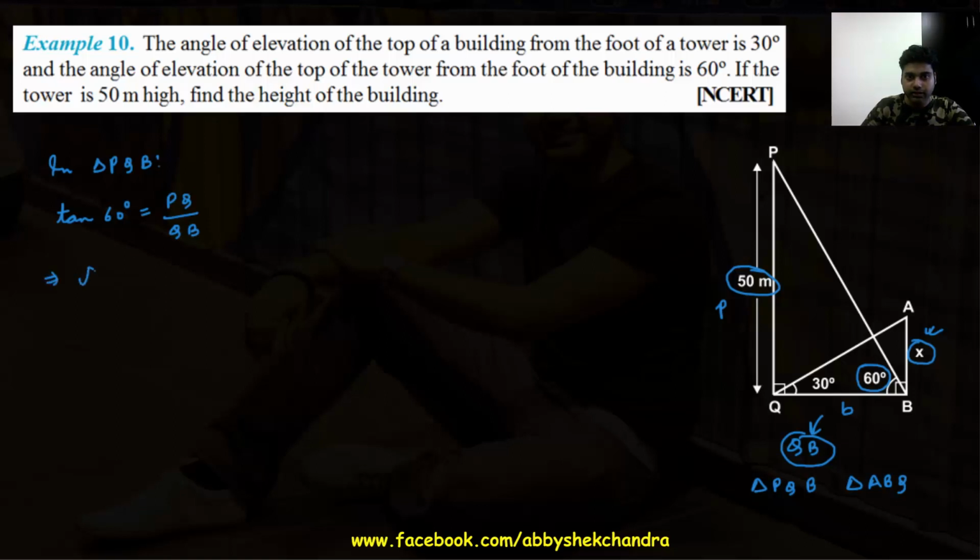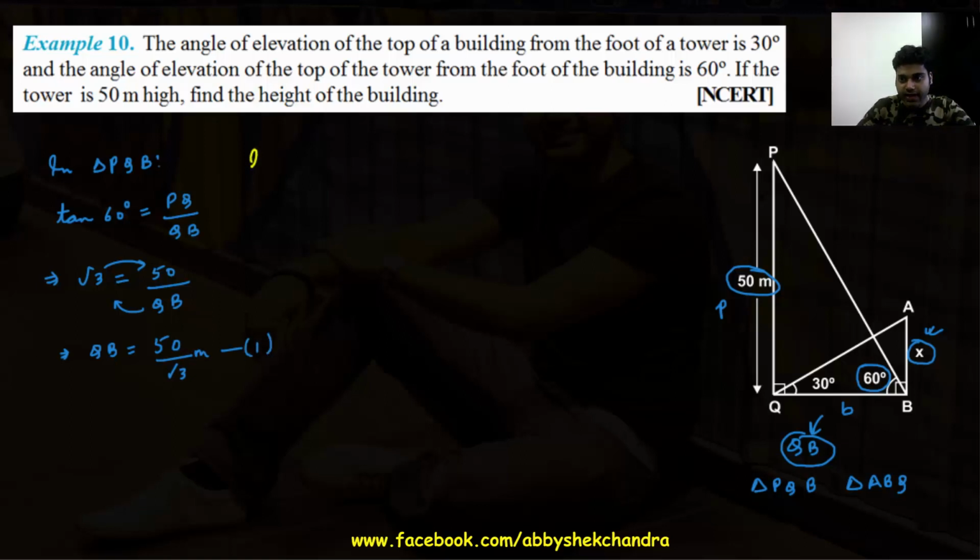Or tan 60 is how much? It's root 3 equal to PQ is how much? It's given to be 50 meters by QB. Or take QB to the other side and root 3 to the right hand side, you get QB as 50 by root 3 meters. Let's call it 1.